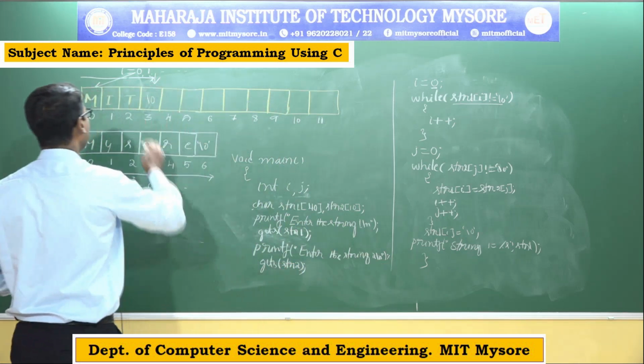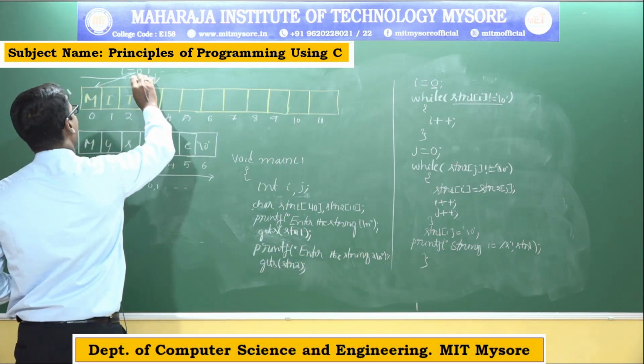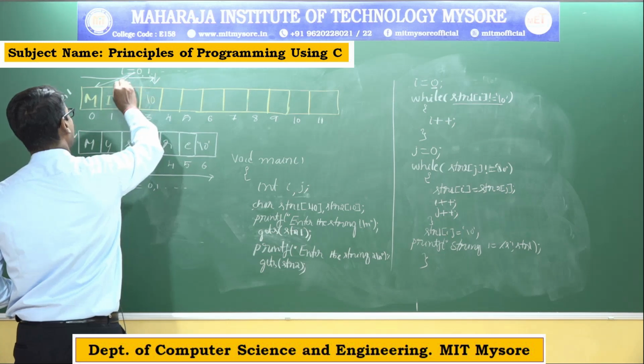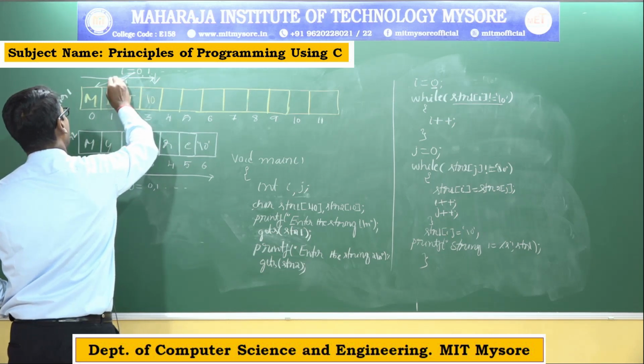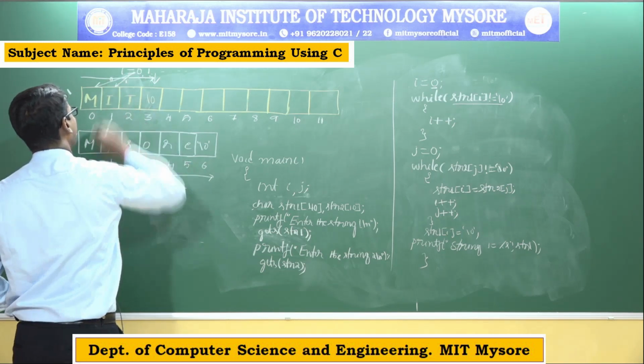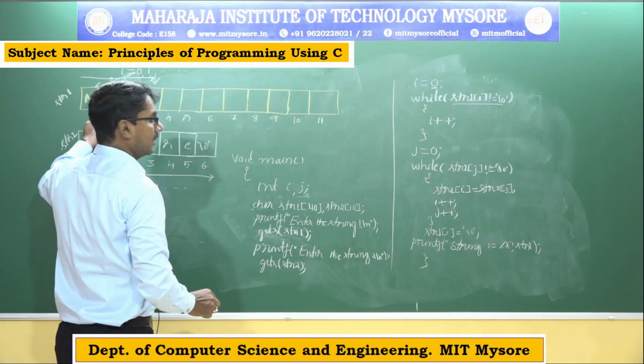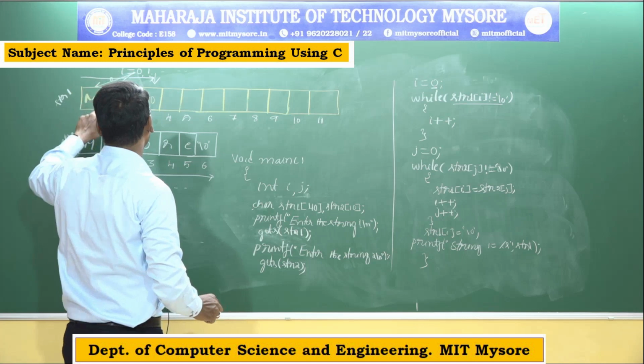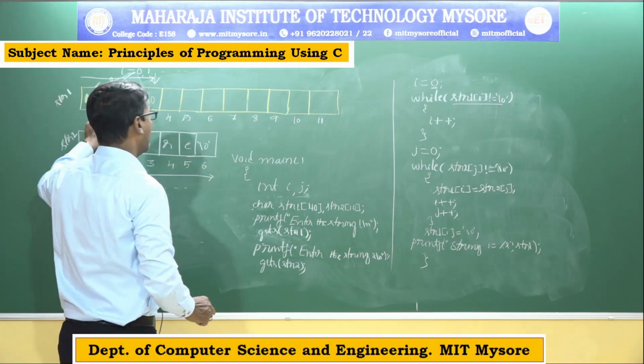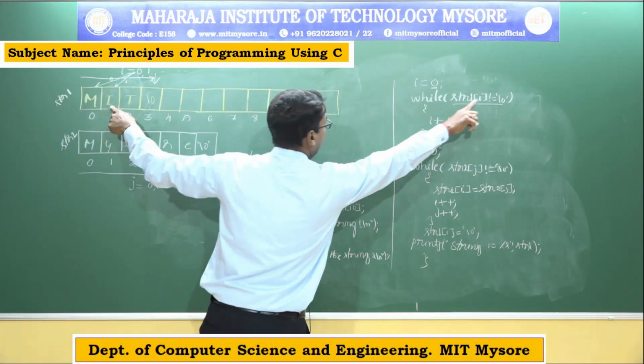Yes, condition satisfied. Once this condition is satisfied, the next I value is pointing to the next element, that is I is equal to 1. So first I is equal to 0, then I is equal to 1. Then the value of str1 of I is not equal to null.